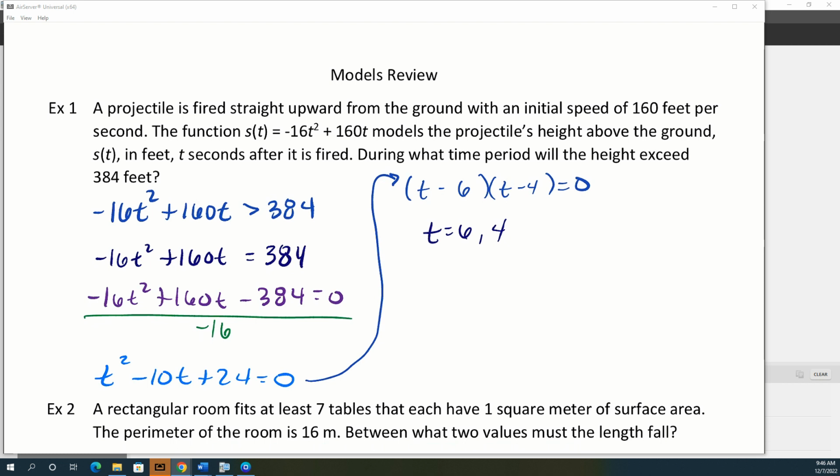So we get two values where the function would be equal to 0 there. So what we'll do is put them on a number line. Now I'm stopping my number line at 0 because negative seconds doesn't make sense.